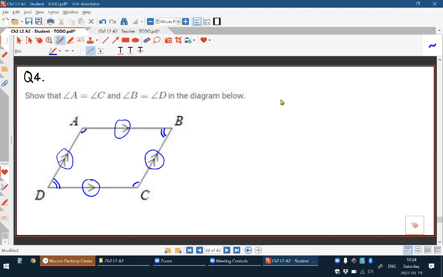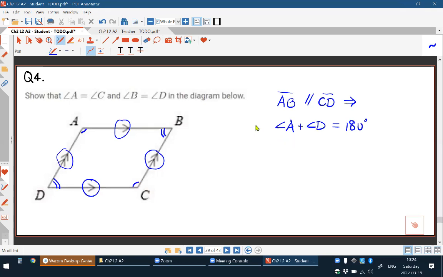Because line AB is parallel to line CD, that tells us angle A plus angle D equals 180 degrees, because A and D are same side interior angles. If you have parallel lines, then same side interior angles must be supplementary.